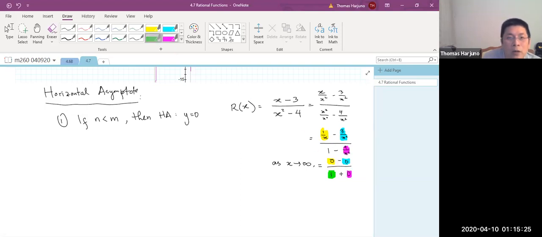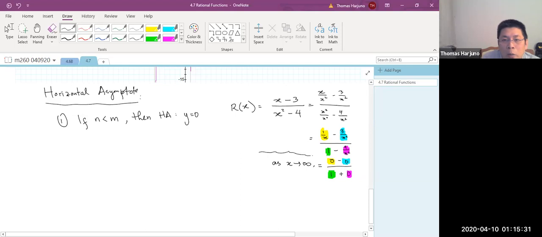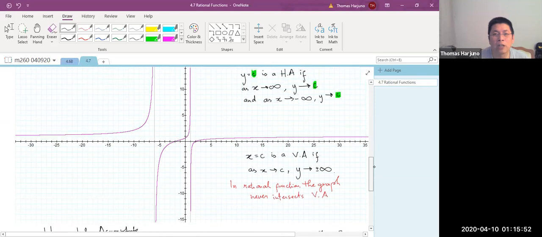Right? Now when you put them together, when x goes to infinity, you will get 0. In fact, that's also true if x goes to negative infinity. But then it satisfies the way we define horizontal asymptote up there.